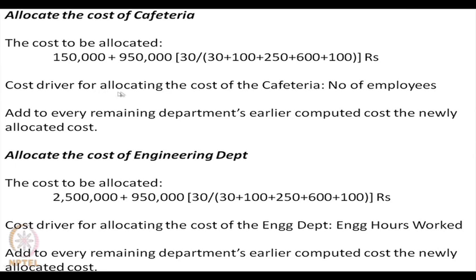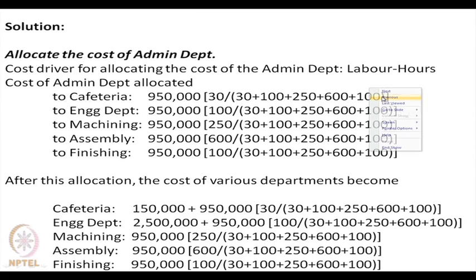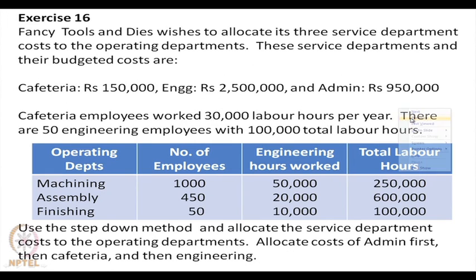Now, here the cost driver for allocating the cost of cafeteria is the number of employees who take their food in the cafeteria. The number of employees in machining, assembly and finishing are given here, and also given is how many employees are working with engineering. So, this is 50 here.